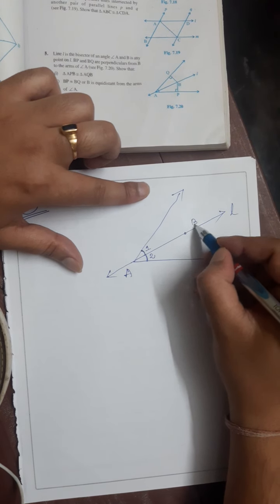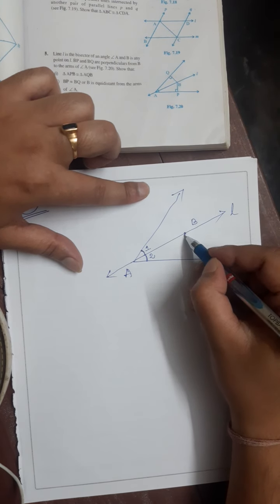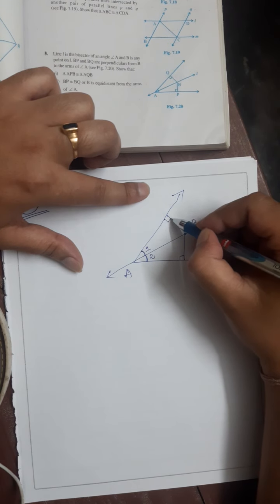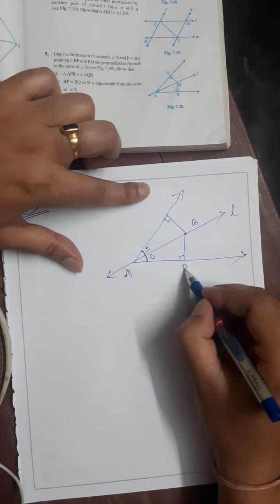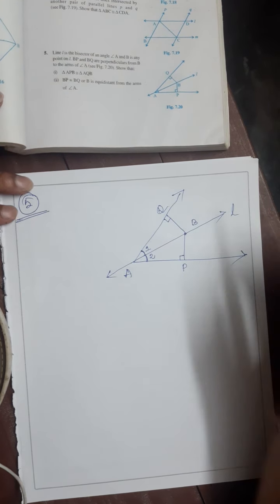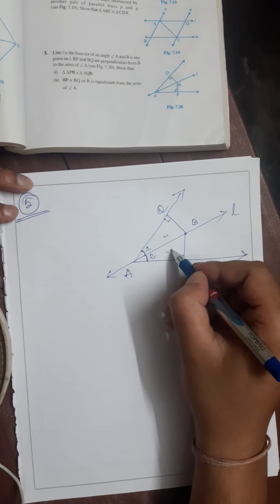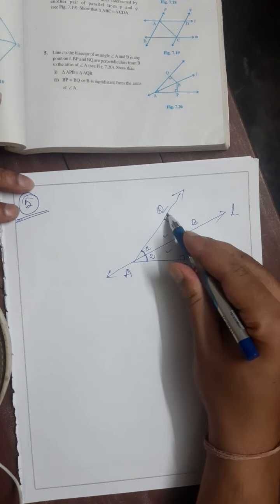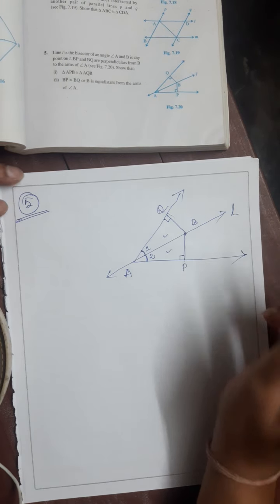There is a point B on this line and from B two perpendiculars are drawn. This is one perpendicular and this is another perpendicular. This is BP and this is BQ. You have to prove that these two triangles are congruent, first proof. Second, you have to prove that these two perpendiculars are equal. Okay, only these two proofs are there.